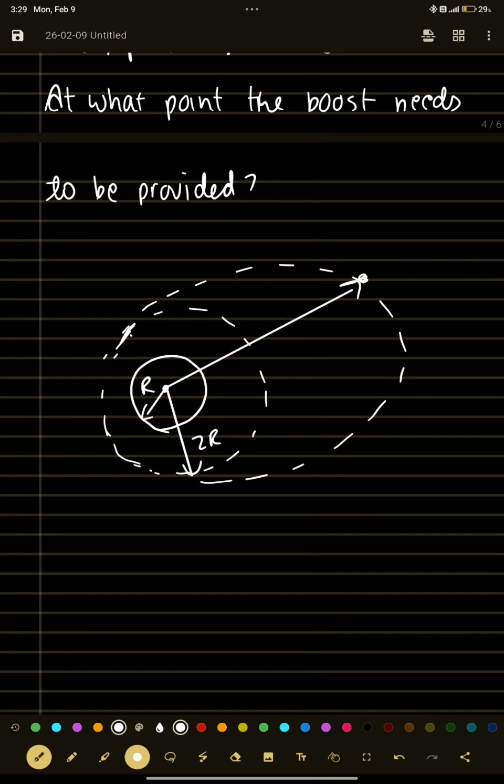So the satellite, let's say, is orbiting in the circular orbit. The pink one is the circular orbit, and the yellow one is the intended orbit, which is supposed to reach B.